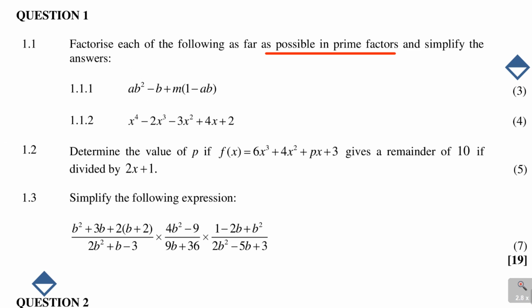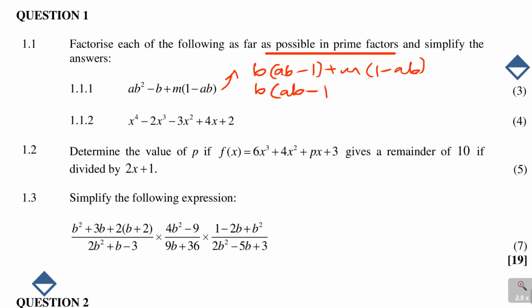Here, if you have to factorize a squared, I think this was more standard. You take out b here. What are you going to have? You're going to have ab minus 1, and then plus m(1 minus ab). You can see that these brackets are almost the same, so you say b(ab minus 1).